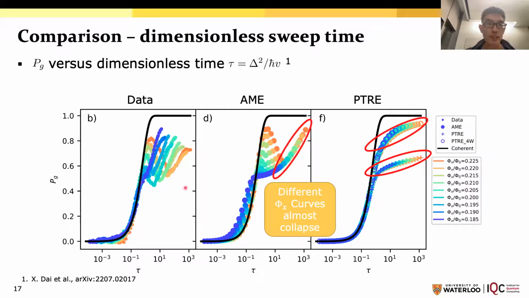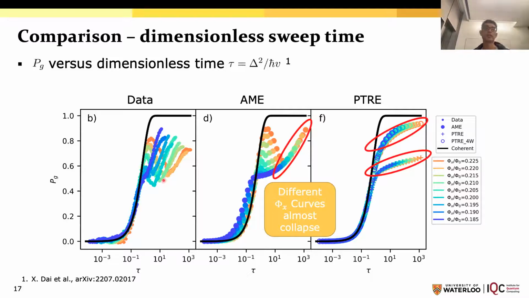So you can see that in either the AME, corresponding to the weak coupling, or the PTRE, corresponding to the strong coupling, the ground state probabilities for different phi x almost collapse onto a single curve.